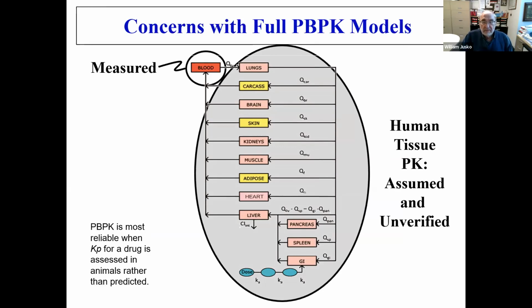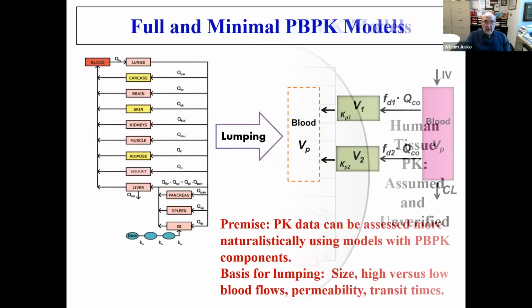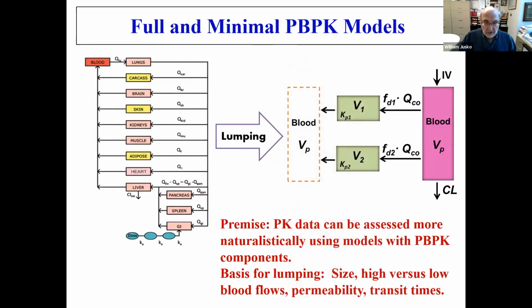You've heard of a black box; this gray oval basically means that there are some certainties about what happens in the tissues, and there are some uncertainties. Basically, human tissue pharmacokinetics is typically assumed and unverified. So it leaves us to minimal models. Can we do something easier than applying a full model?